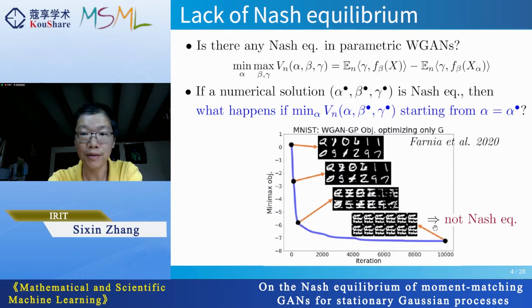It shows clearly, visually, that the solutions generated by alpha, by minimizing this Vn in alpha along this optimization trajectory, give a pretty bad generator. So this is not the solution that has been found by the usual optimization algorithms of GANs. They are not close to a Nash equilibrium.